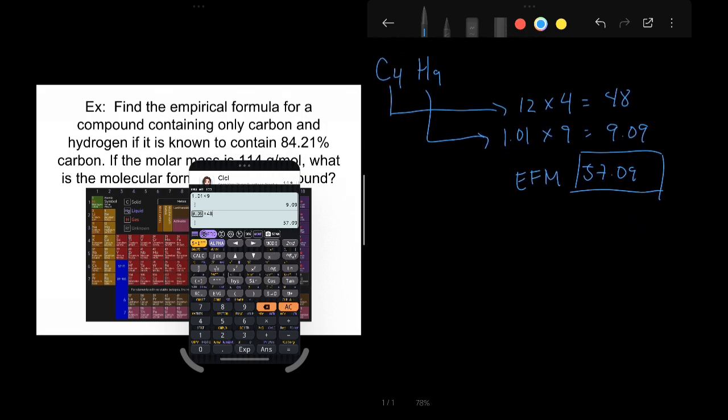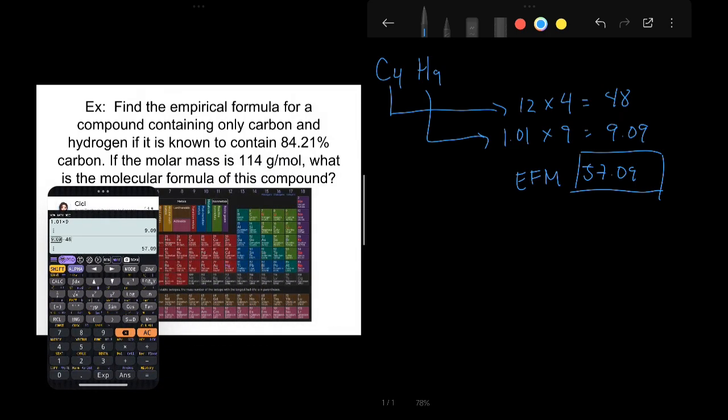So there, we'll be using this EFM to divide the molar mass. So the molar mass, 114, divided by its empirical formula mass, which is 57.09.